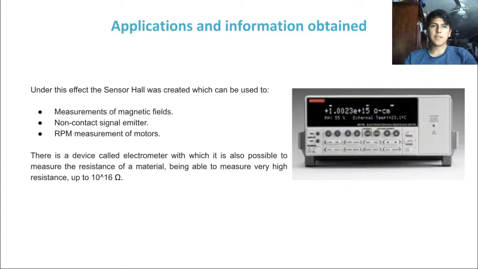There is a device called an electrometer with which it is also possible to measure the resistance of a material, being able to measure very high resistance up to 10 to the 16 ohms, so you can measure big values of resistance.